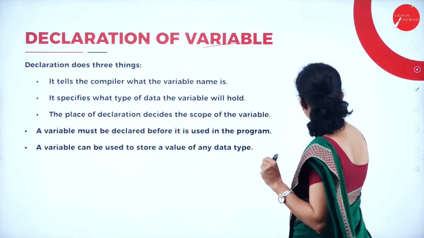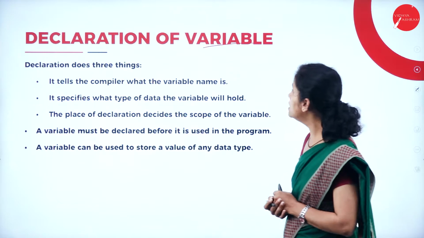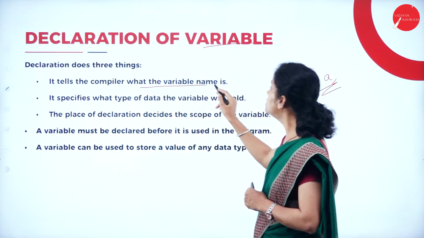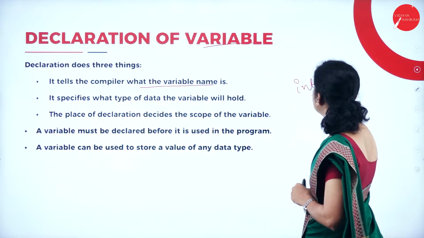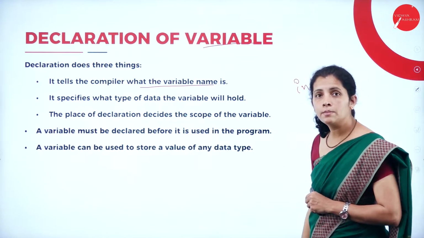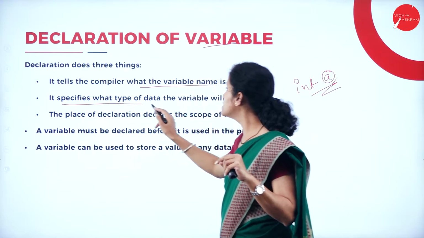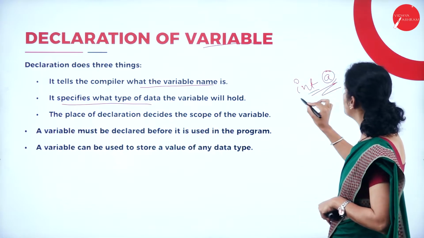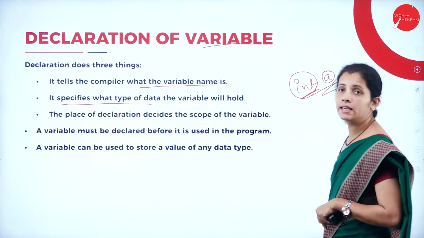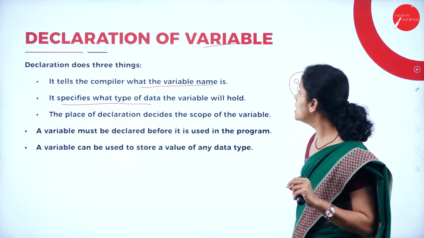The statement tells the compiler what the variable name is. So here, what is this a? That is nothing but the variable name. Now it specifies what type of data the variable holds. If I consider this example, it specifies to the compiler that it is integer type data.